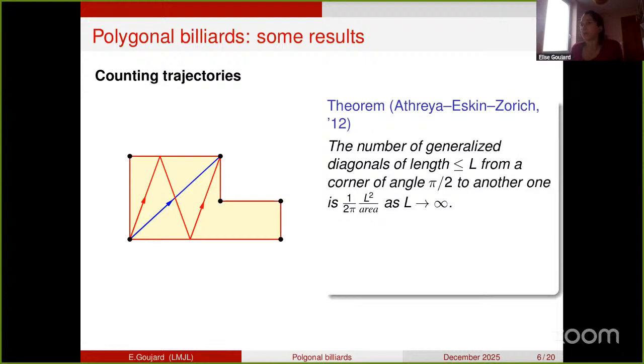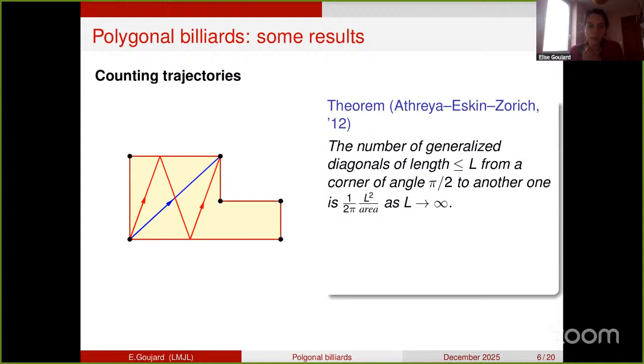Of course it's easy to see that there is an infinite family of trajectories going from this one to this one. But you can count them, the ones of bounded length, as the length L goes to infinity. And the first part of the result is that the number goes as L squared with some explicit factor, which is 1 over 2 pi times the area of the table.